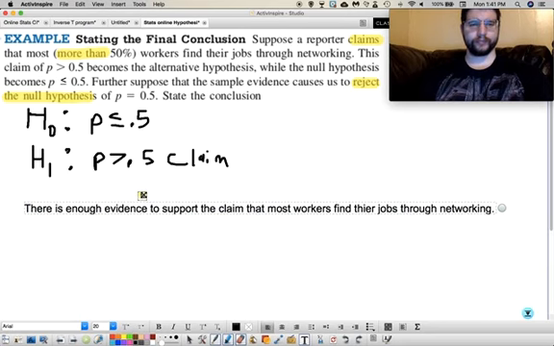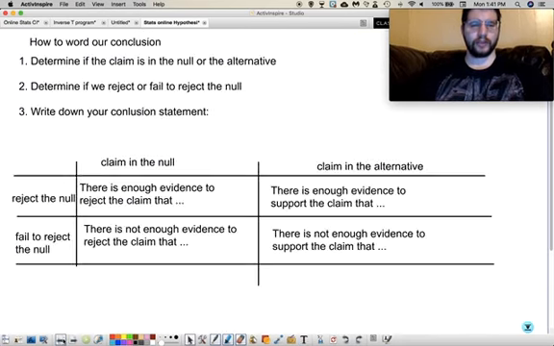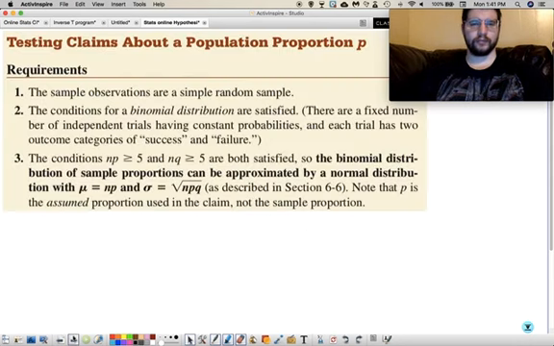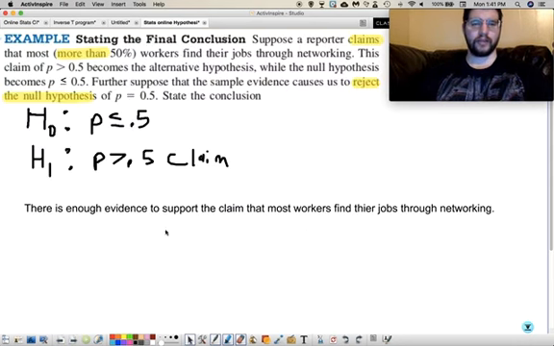Put a capital T. So if we look back at the chart on the previous page, we rejected the null, the claim is in the alternative. There is enough evidence to support the claim that most workers find their jobs through networking. That's it. That's how we write our answer.